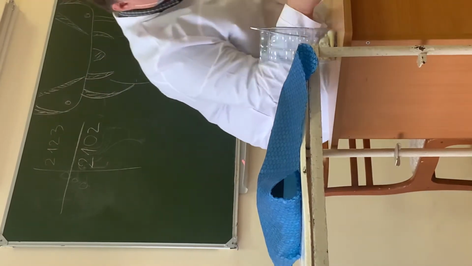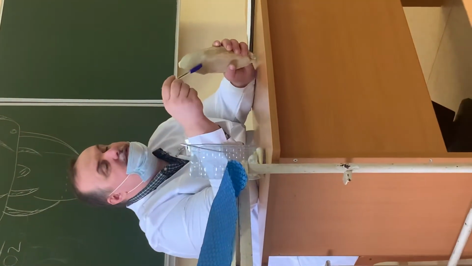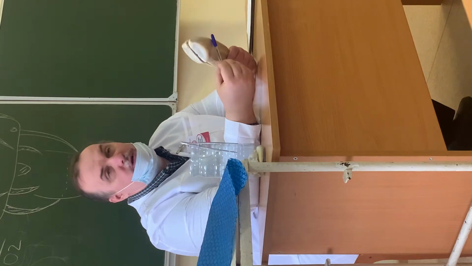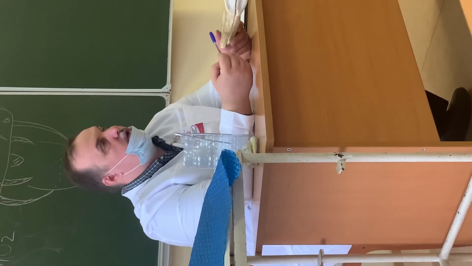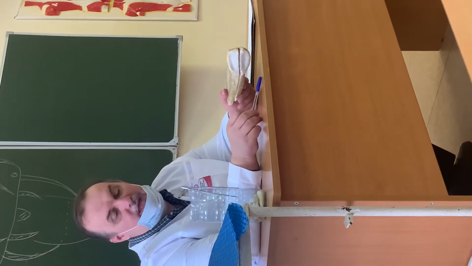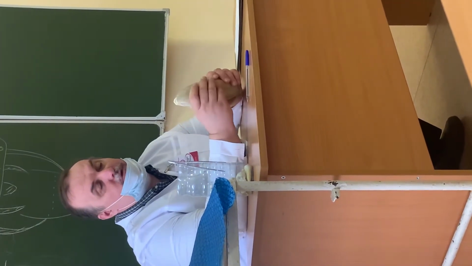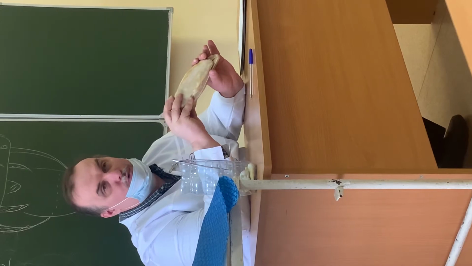Each tooth consists of the crown of the tooth, which is the upper part, then the neck, collum dentis, and the root of the tooth, radix dentis. All teeth differ from one another in the shape of the crown and the number of roots.